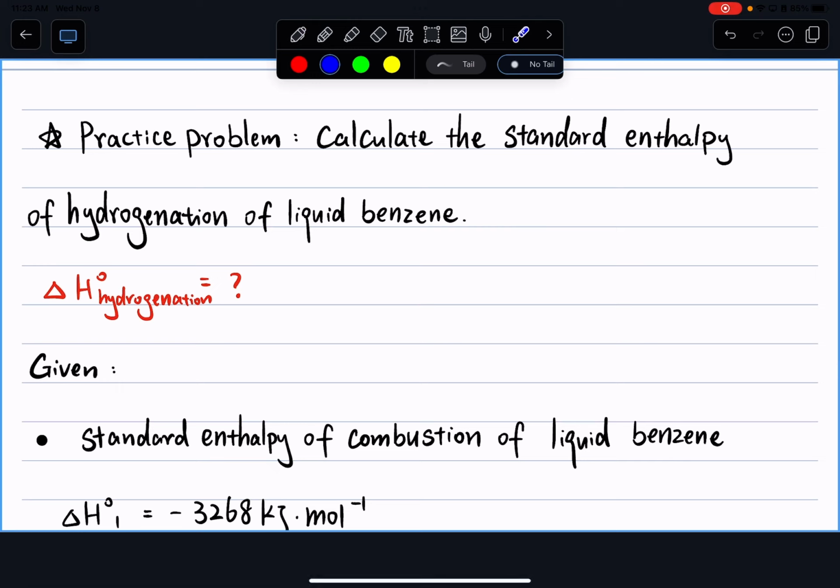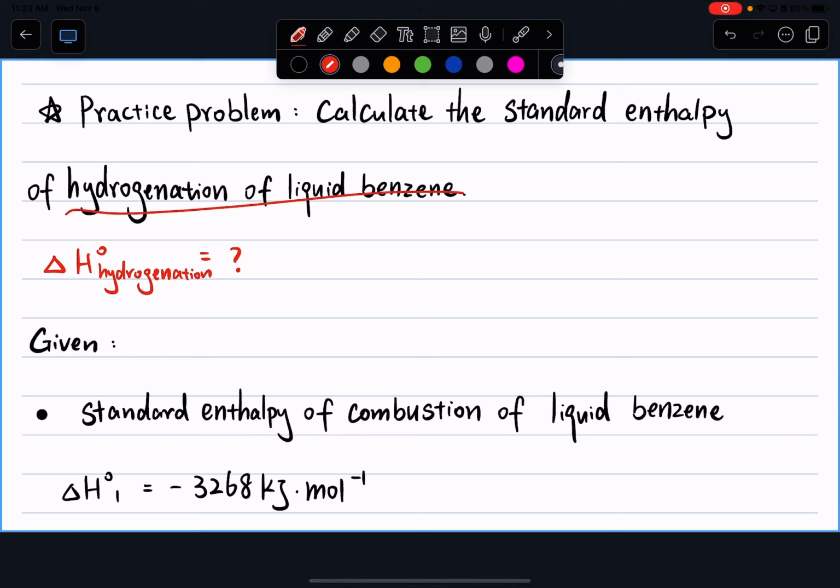So this one is using the Hess law, trying to solve for a multiple step reaction. It asks you to calculate the standard enthalpy of hydrogenation of liquid benzene. So for this reaction, we need to first write out the reaction of interest. So what do we have?